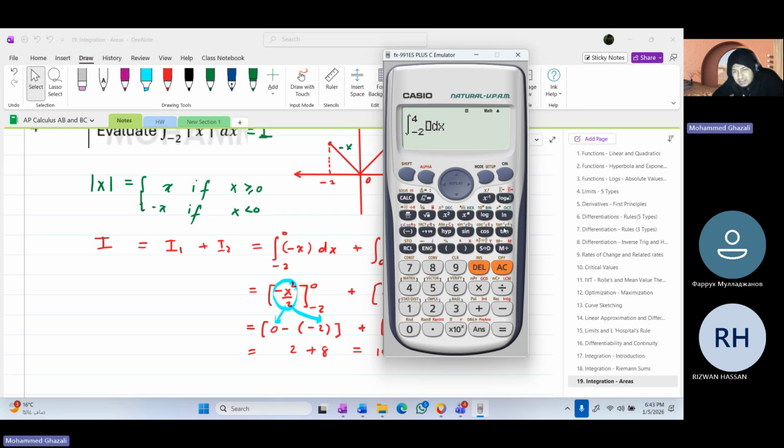It's Shift, then the key to the left of sign, Shift, left of sign. Got it. Alpha x. Yeah, there we go. They got an answer of 10.